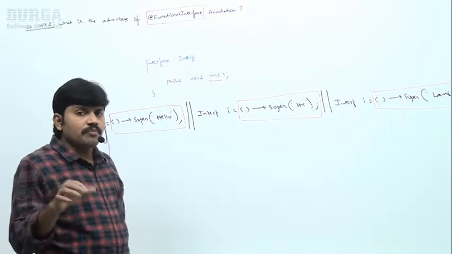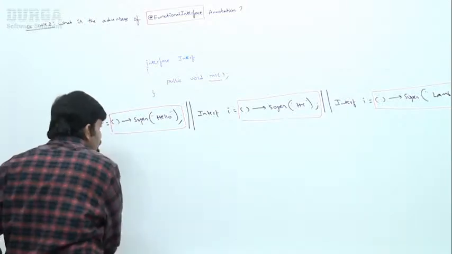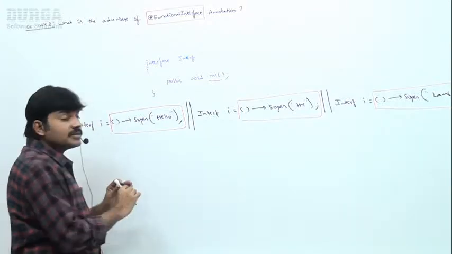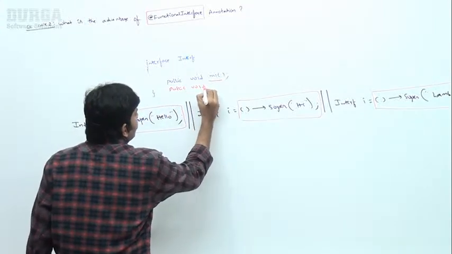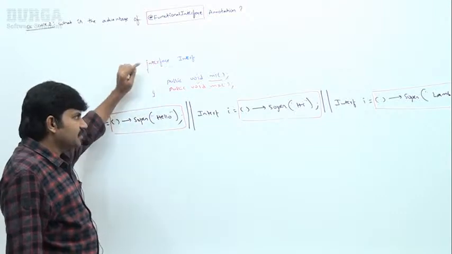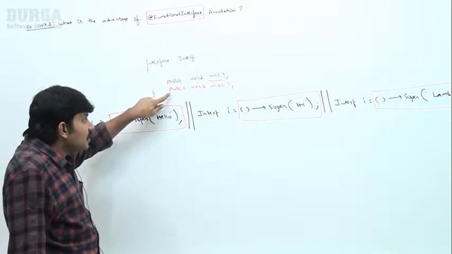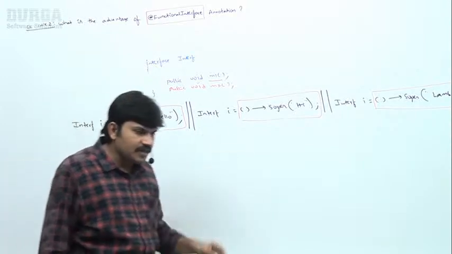But tomorrow, by mistake, if a person tries to add another abstract method inside this interface, all these lambda expressions won't work.